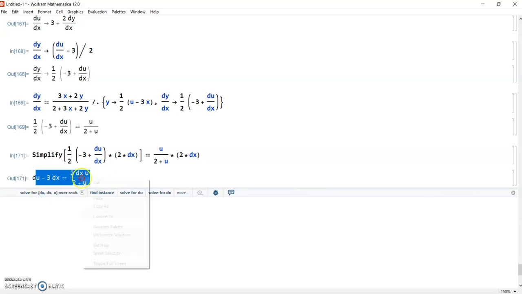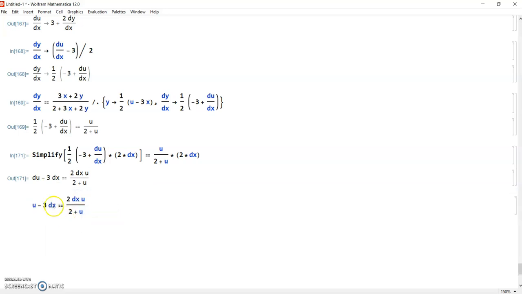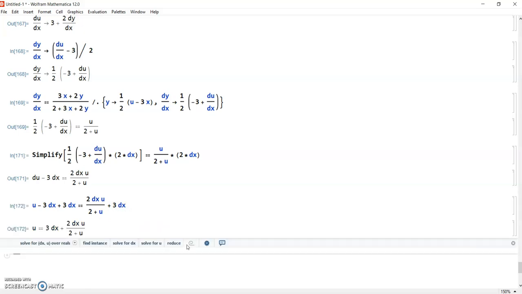So I add 3dx on both sides, plus 3dx and plus 3dx. So now I get this.